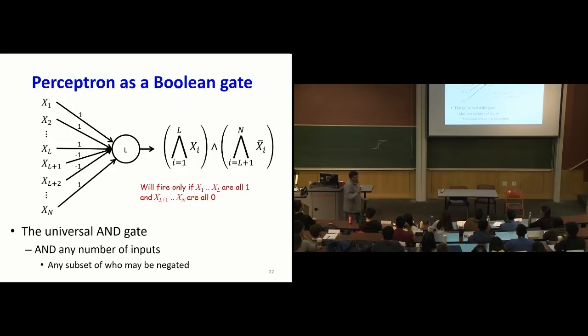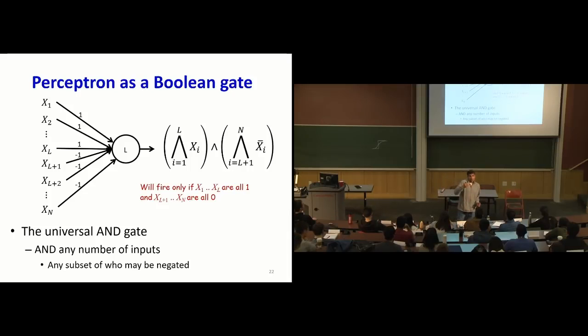If any one of these inputs is flipped, I do not want it to fire. That's a fairly complicated function, right? But you can see how I do this. The threshold is L. Now if all of these are 1, the total input they're going to produce is L. If any one of the remaining is also 1, that's going to subtract from the total. So now the total input becomes less than L, and it will not fire.